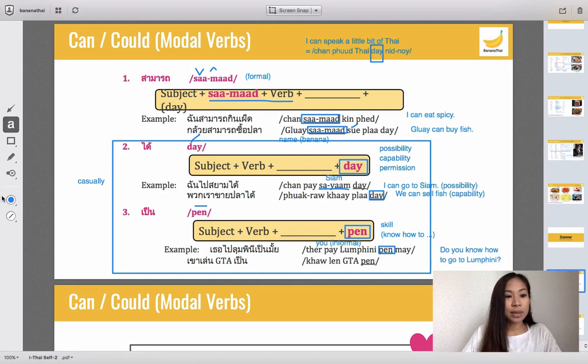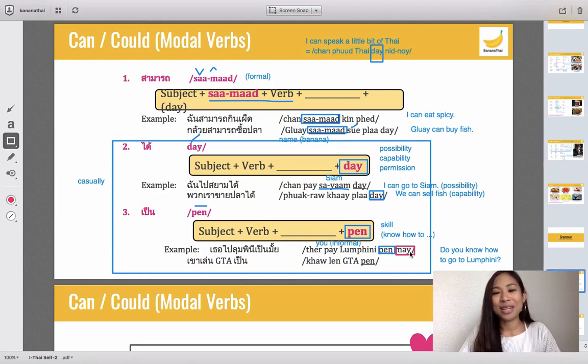It's a question because the word ไหม is a question word. So: can you go to Lumpini, or do you know how to go to Lumpini, because you use the word เป็น, know how to.